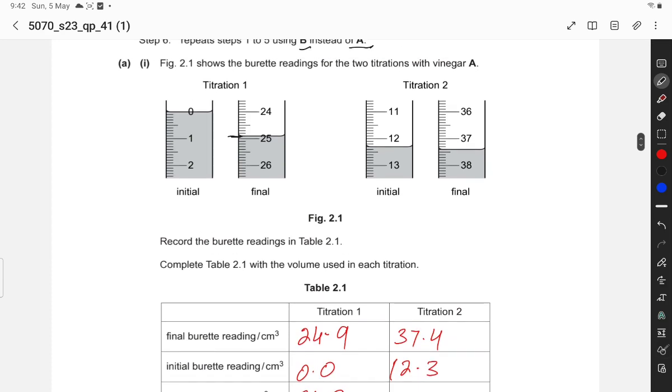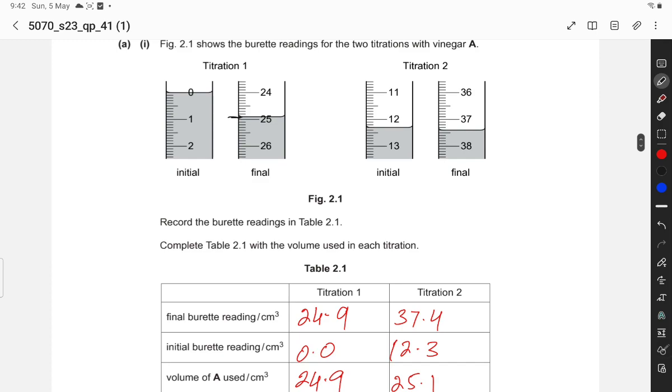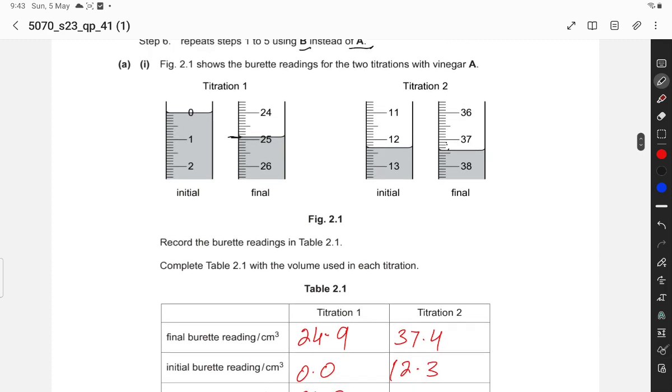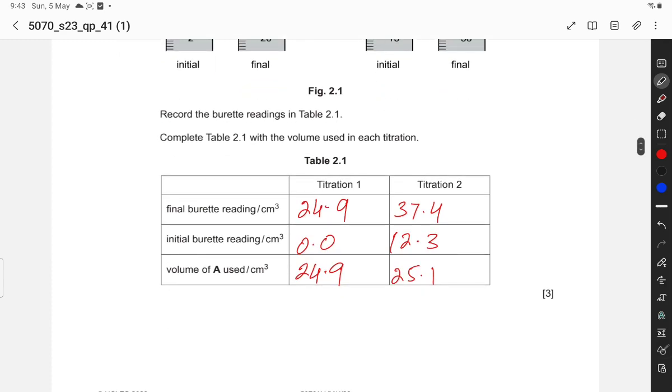The second titration final reading is 37.4 and the initial is 12.3. So these are the 2 titrations, initial and final burette readings.